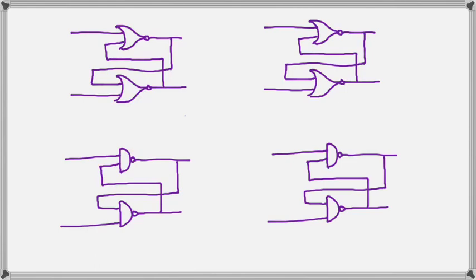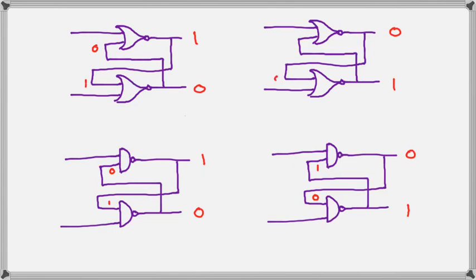The reason why we've joined them twice is because the outputs on the right-hand side can assume one of two possible stable states. We're going to show you that now. We can either have a 1, 0 or a 0, 1.